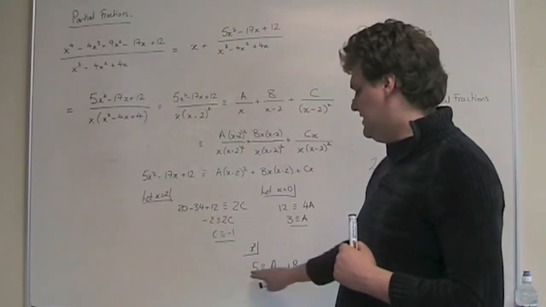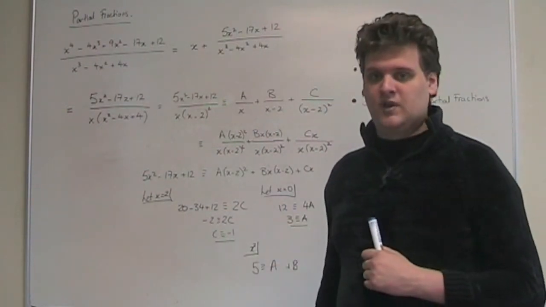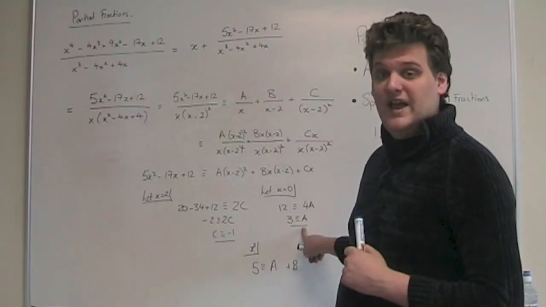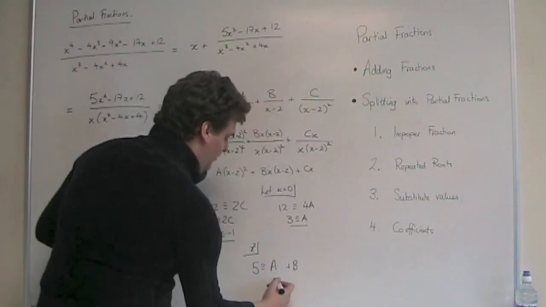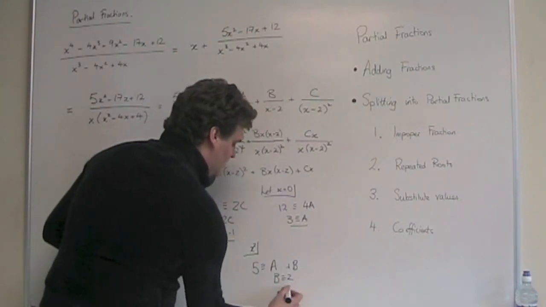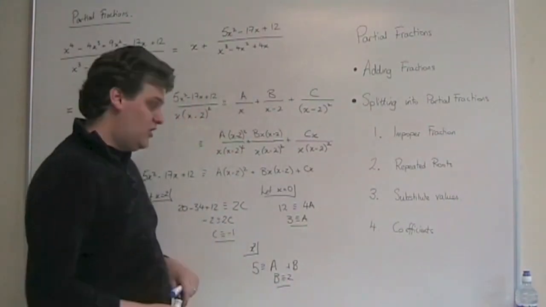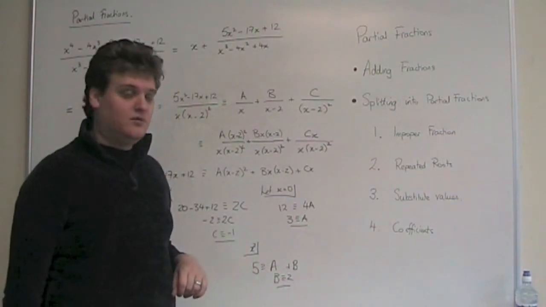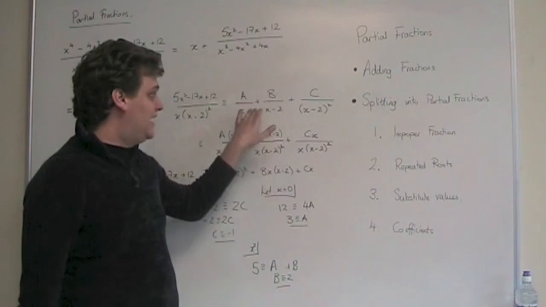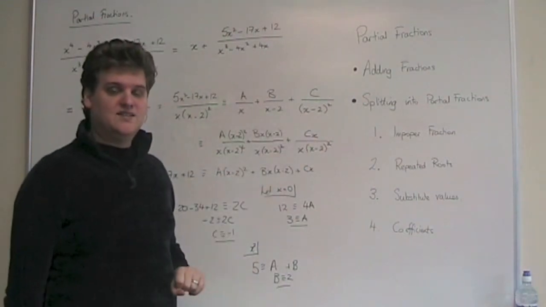So a plus b must be 5. We already know that a is 3, so hopefully we can deduce that therefore b is equal to 2. We've now worked out that a is 3, b is 2, and c is minus 1, which we can hopefully substitute back into our original identity.